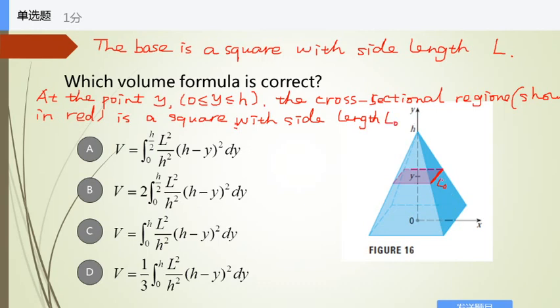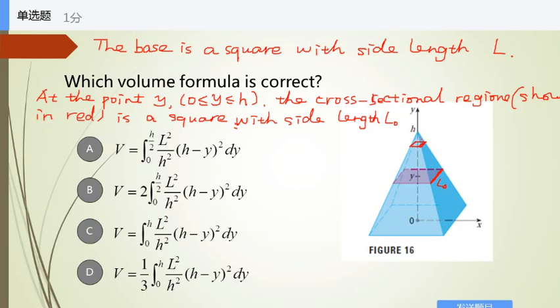If we can figure out this L0, then we know A(y) is L0 squared. Of course, this is a variable about y. This will change as you shift your square, you can form a little square here. So the side length will change. So we are going to figure out this L0.